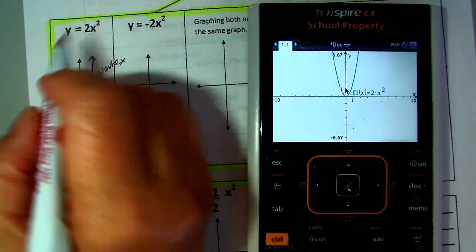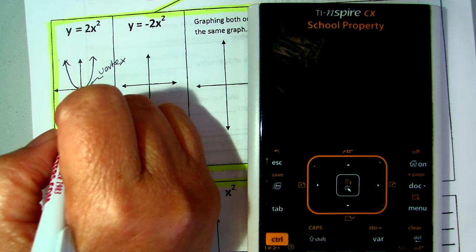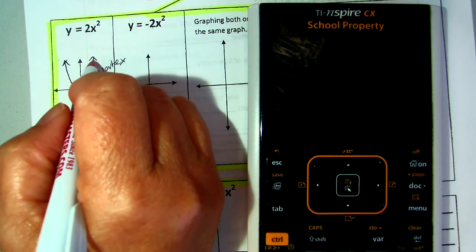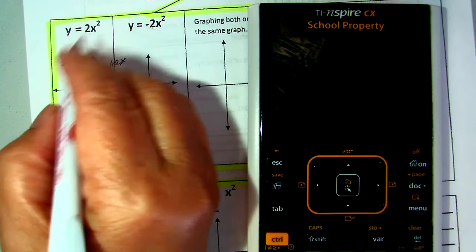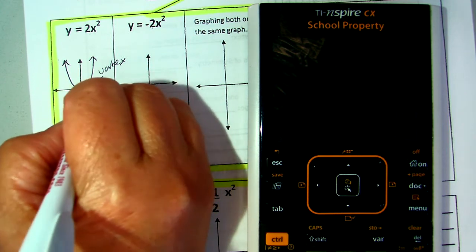Just like you see in the pipe when you're skateboarding, this is the minimum point. People start over here, they go down, reach the minimum point, and go back up again to the top. So this is also called the minimum.